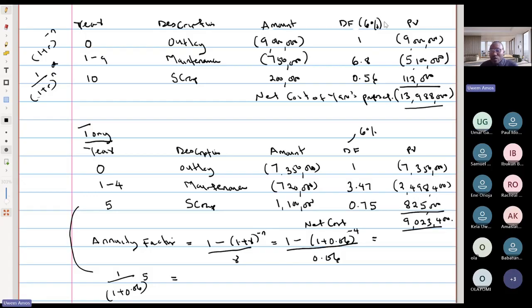Yes, but it's about the discounting factor, the annuity. Okay, go ahead. My question is, why don't we compare for 10 years instead of 9 years, since the warranty is for the first year? So if you take off the first year, how many years do you have left? 9. So that's what we're doing for 9 years.